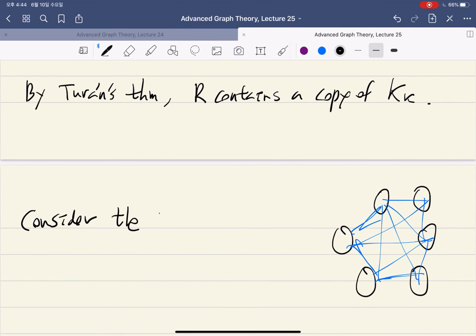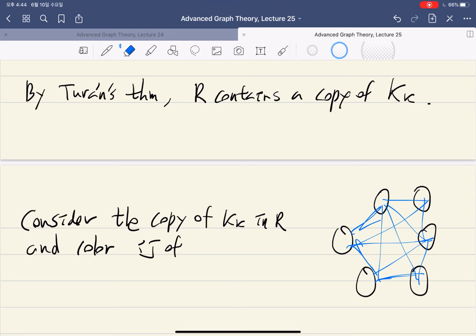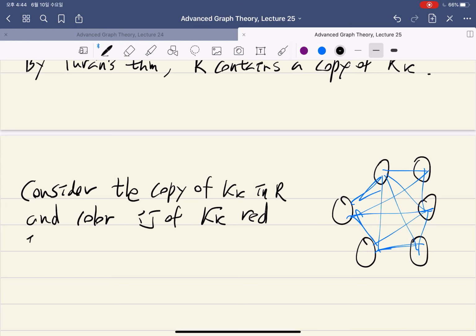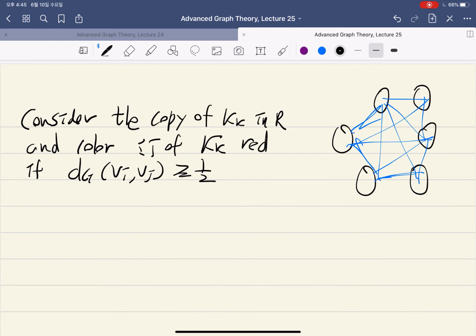We consider the copy of K_k in R and color ij of this complete graph: red if the density between B_i and B_j is at least half, and blue otherwise, if the density between them in G is strictly smaller than half.